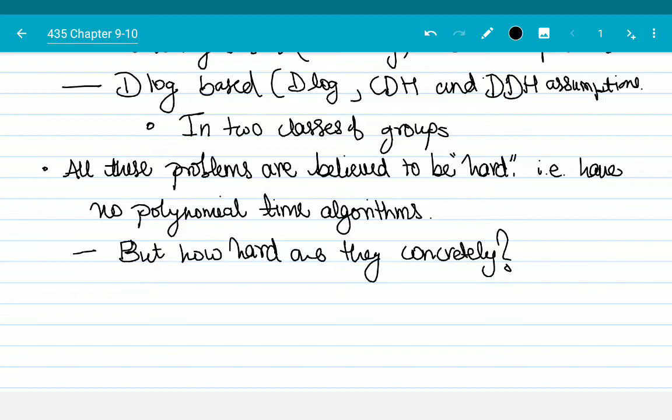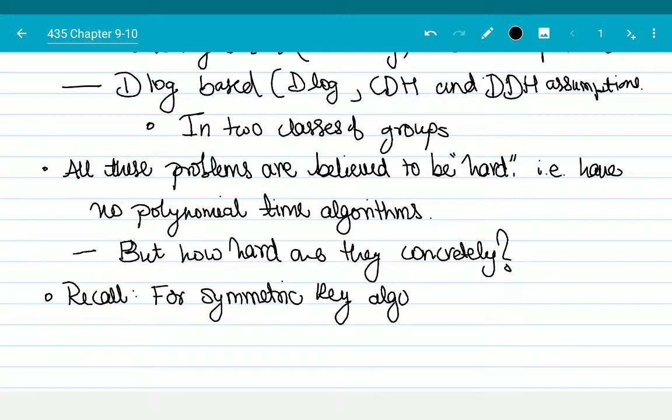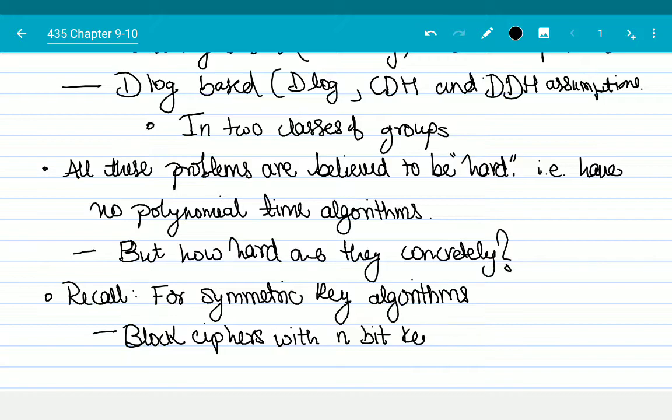Recall, for symmetric key algorithms, we said that block ciphers with n-bit key are good.